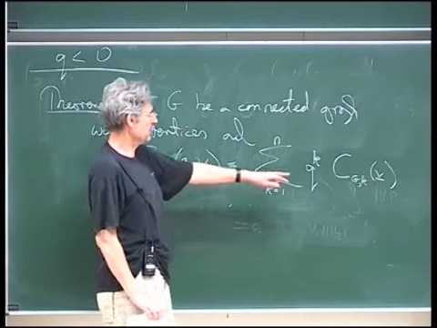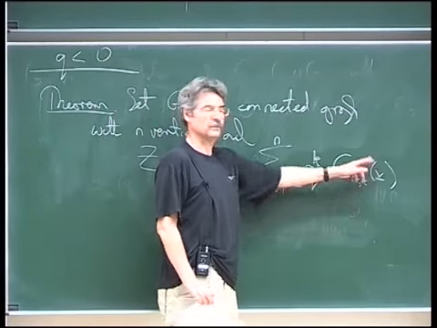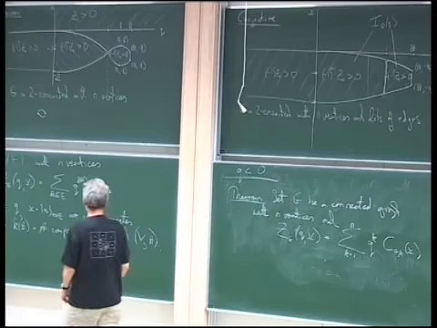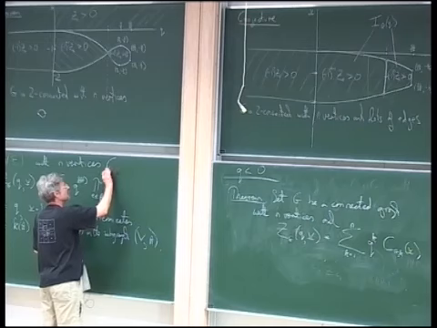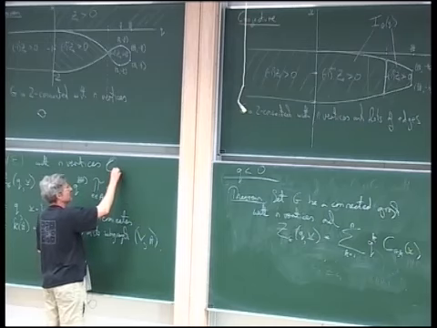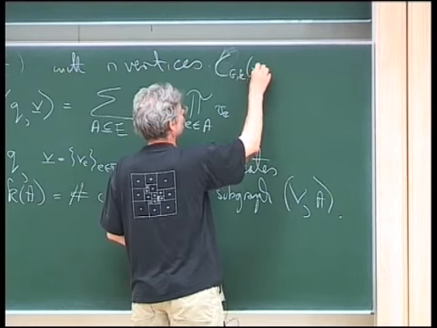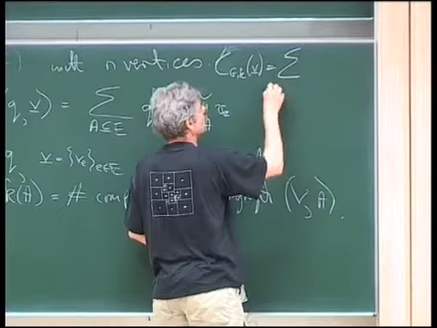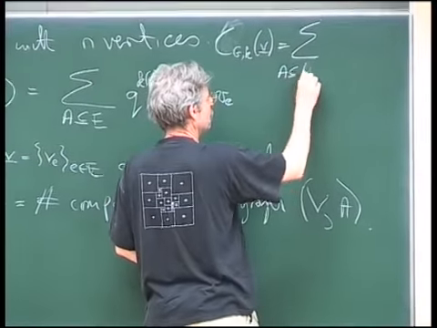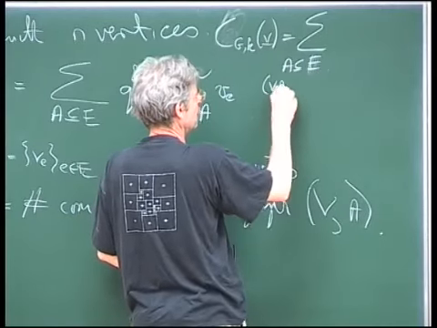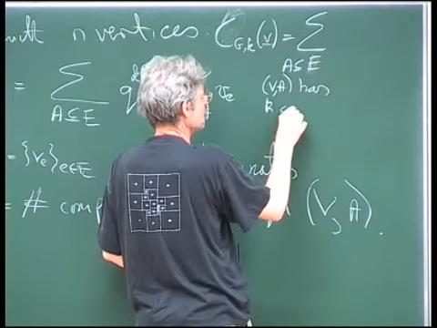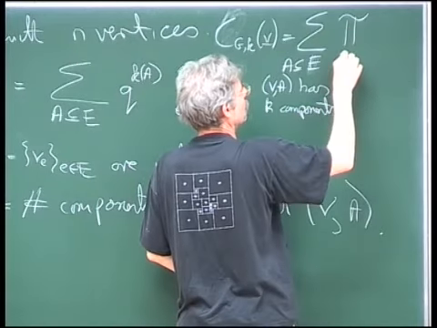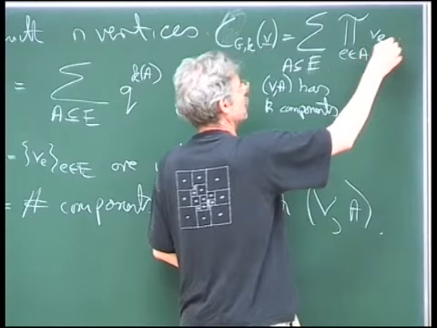So I'm gathering together all the terms in Q to the K and calling those C. So we'll have C_{G,K}(v) is going to be the sum over A contained in E, such that (V,A) has K components, of the product over e in A of v_e.